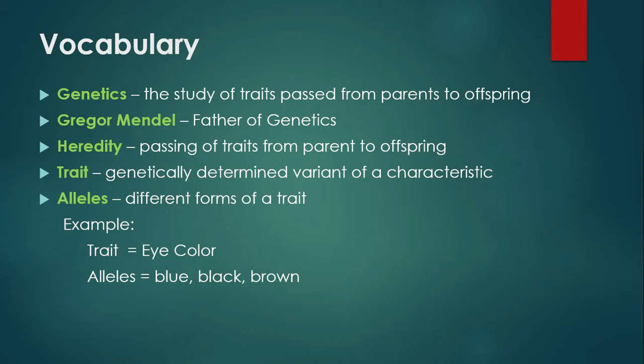It is somewhat like a brand of a specific characteristic, that is the eye color. Then since alleles are different forms of a trait, the possible alleles of eye color are blue, black, and brown. So that is how we are going to differentiate trait from alleles. Eye color is general and alleles are specific: blue, black, and brown.